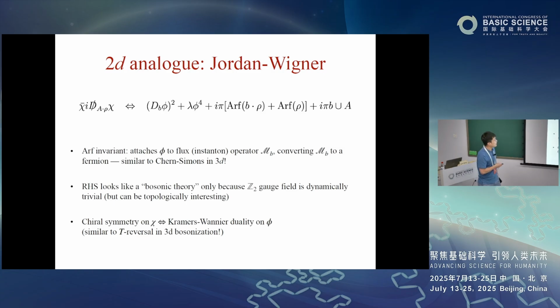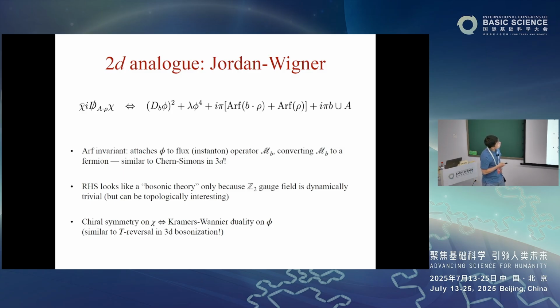Well, it cannot literally be the Ising model, because this theory is a fermion theory. It has fermions, and the Ising model doesn't have that. The way to fix this is to couple the Ising model to a dynamical Z2 gauge field, little b. So you are summing over periodic and anti-periodic boundary conditions in your path integral.